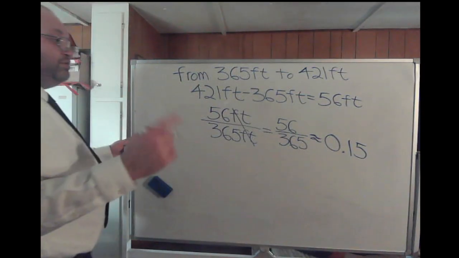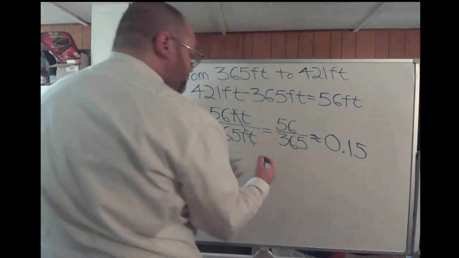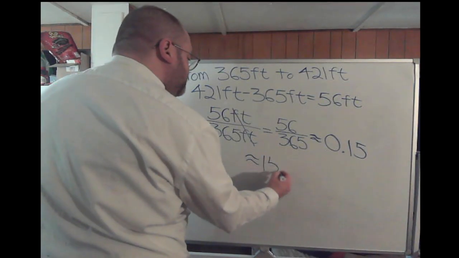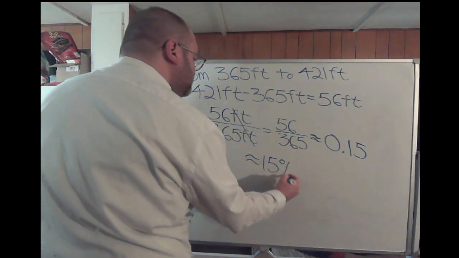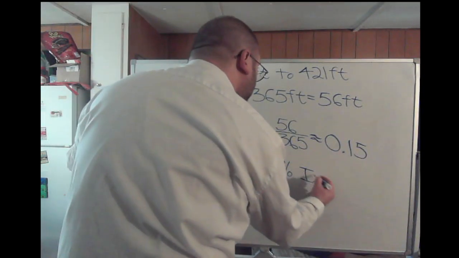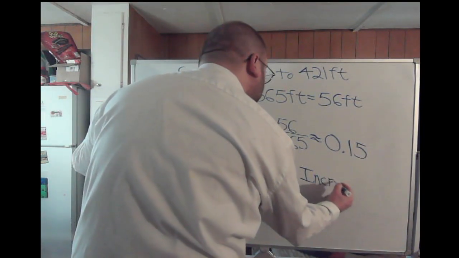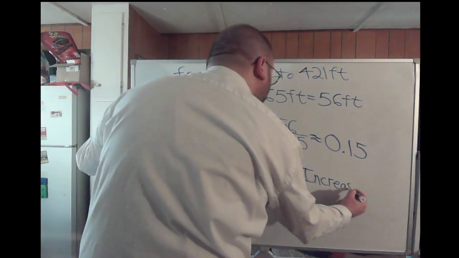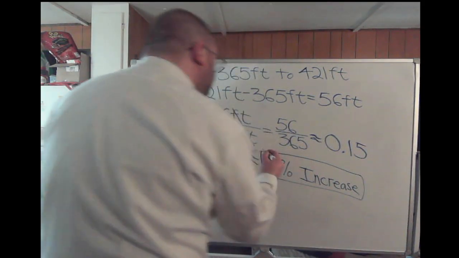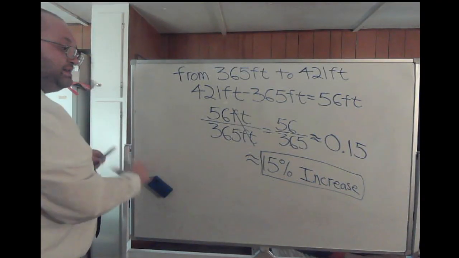So as a decimal, it's approximately 0.15, which means as a percent, that's approximately 15%. And it's an increase, so that's approximately a 15% increase. That's the answer you get.